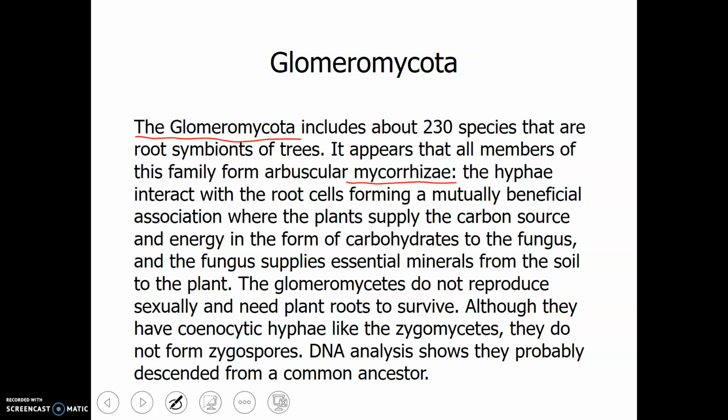And to describe the relationship, it says they form a mutually beneficial association where the plants supply the carbon source and the energy in the form of carbohydrates to the fungus. So the plants are giving food to the fungus, and the fungus supplies minerals from the soil to the plant. The Glomeromycota only reproduce asexually.